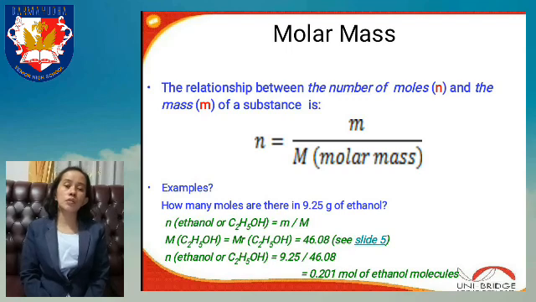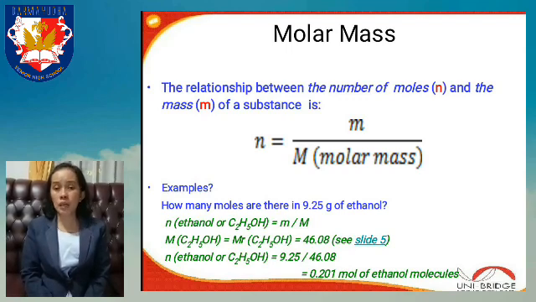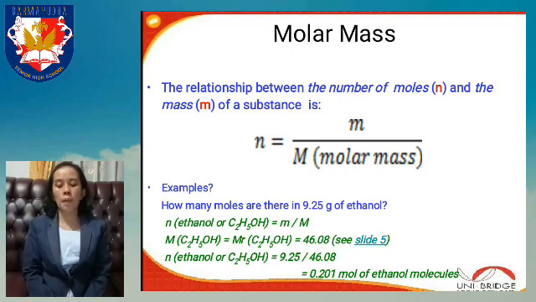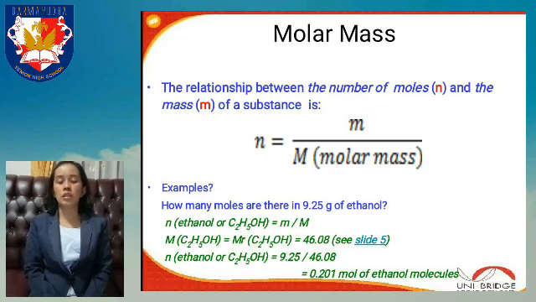You need to divide the mass of ethanol, which is 9.25, by the molar mass of ethanol, which is 46.08. So 9.25 divided by 46.08, you will get 0.201 mole of ethanol.